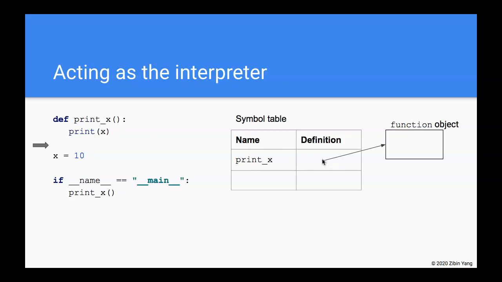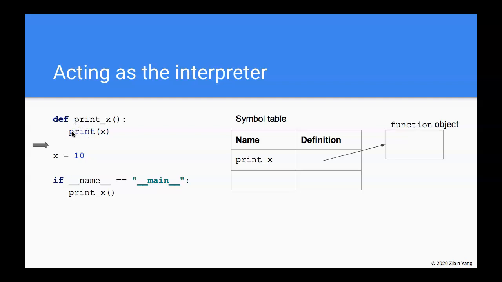The symbol table itself, in reality, does not store the definition itself. Rather, it stores a pointer to the actual function object that represents the function printx. We don't really need to care about what's inside the function object, as long as we know that the name is a reference to a function object that has been created.